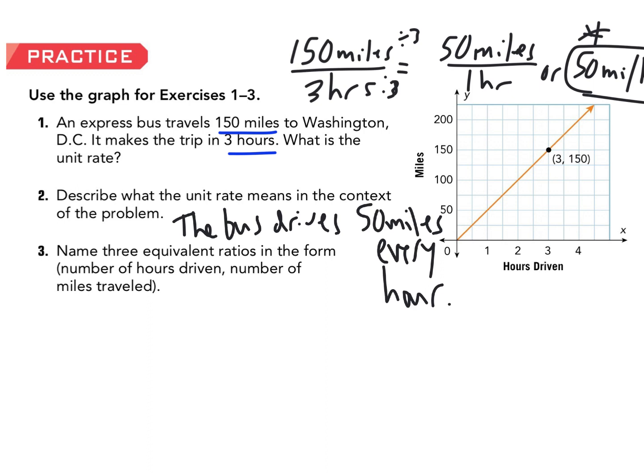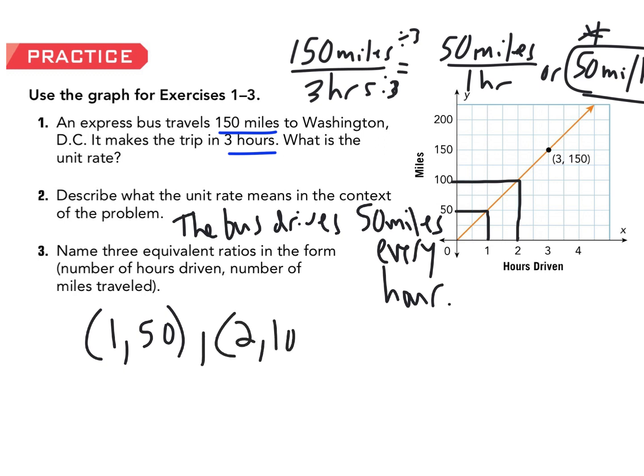What we can do is look at the table, look at the graph, and find some points. One of the points can be our unit rate we just found, which would be 1, 50. Remember, do x and then y. We can see another point here would be 2, 100. And a third point we could look, well, this one was already used. That was already given to us. Here's another point, 4, 200.